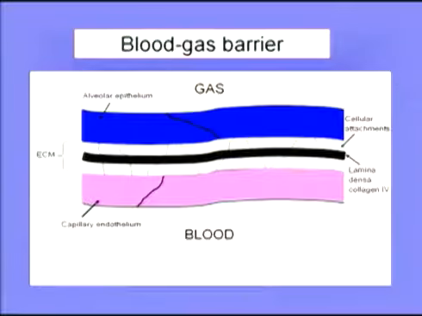And here's a little diagram just showing this. You've got the alveolar gas here, the capillary blood here, the alveolar epithelium here, the capillary endothelium here, and then this so-called lamina densa.